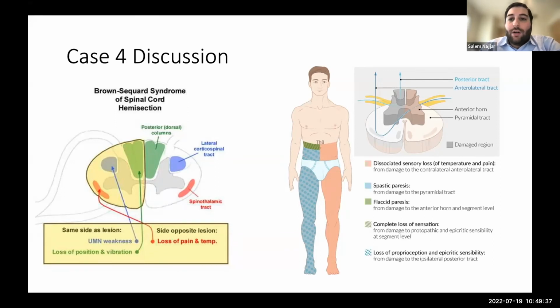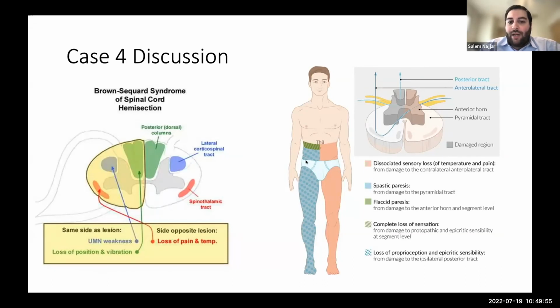Whereas for other innervations like motor, they decussate or cross over much higher, at the level of the brainstem and the medulla. So going through this a little bit more, this is the exact physical exam that we saw on the other side. You can see the damaged region here.